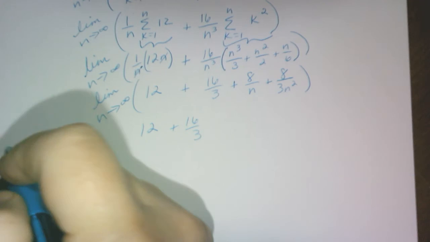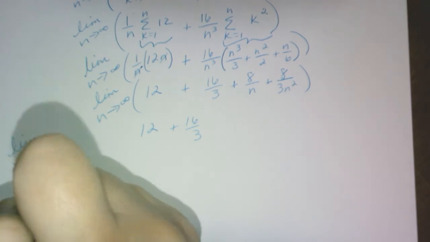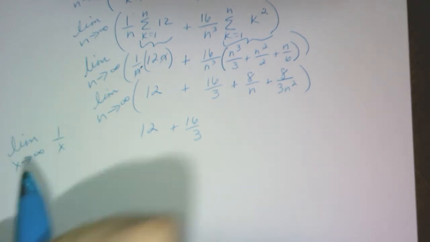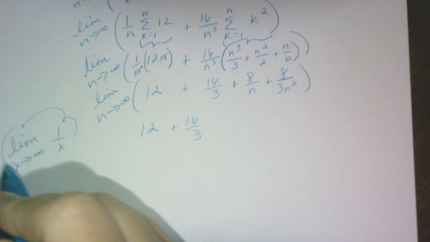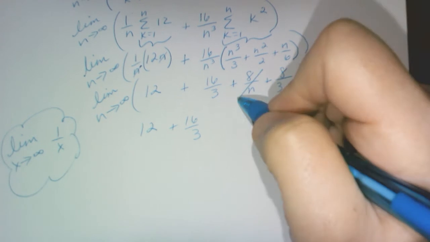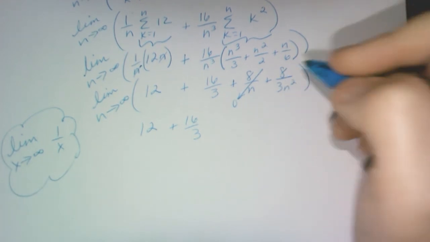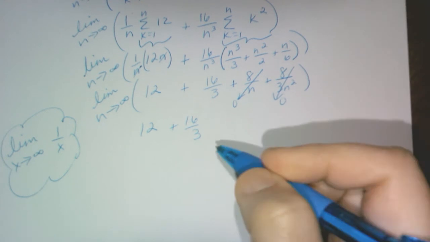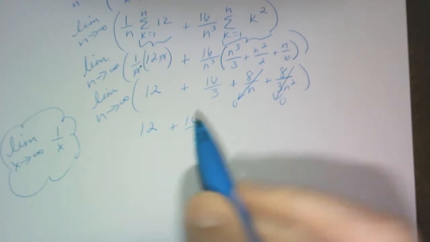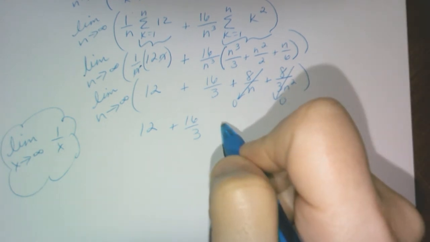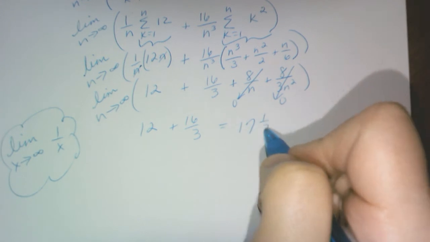There's that rule again. We've written it so many times. That goes to 0. What about 8 over 3n squared? That also goes to 0. So your final answer is 12 plus 16 over 3, which is equal to 17 1/3.